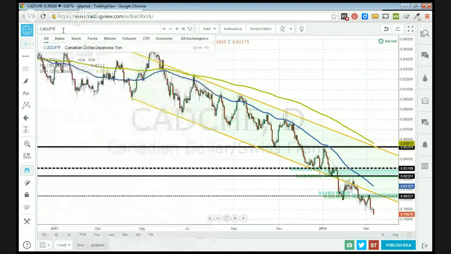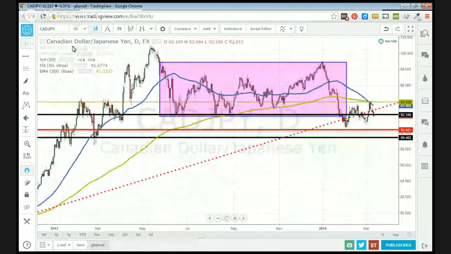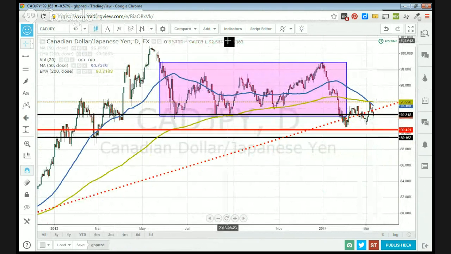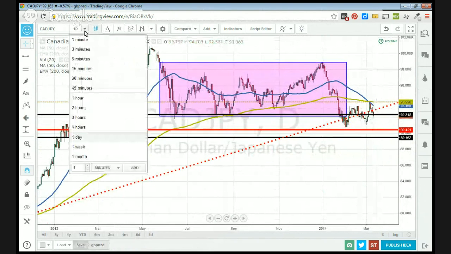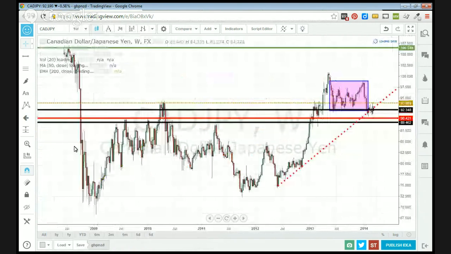Canada Yen. Okay. Oh yeah, this is what we looked at earlier. So this order recently got filled. Let's see where we're at. The stop's here. The profit target's way here. Let's take a look at the weekly chart. You can see the profit target there. Yeah, profit target's way up here.